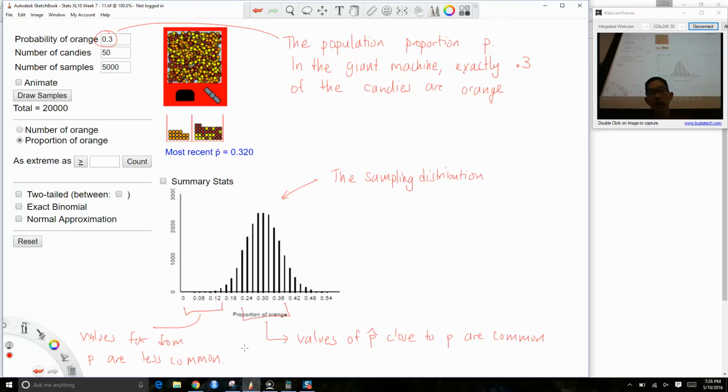If we do this over and over again, sample proportions quite close to 30% are going to be the most common, while sample proportions far away from 30%, like 40% or 42%, are much less common. The shape here looks a lot like the normal distribution.